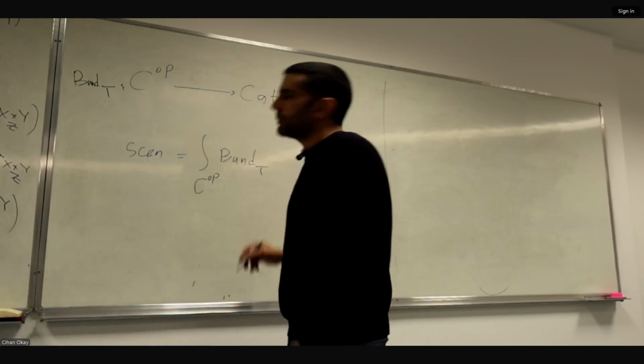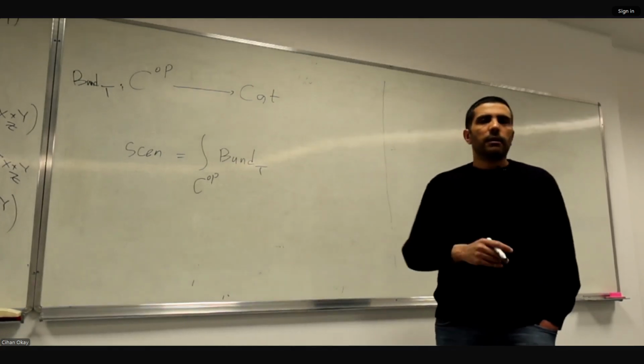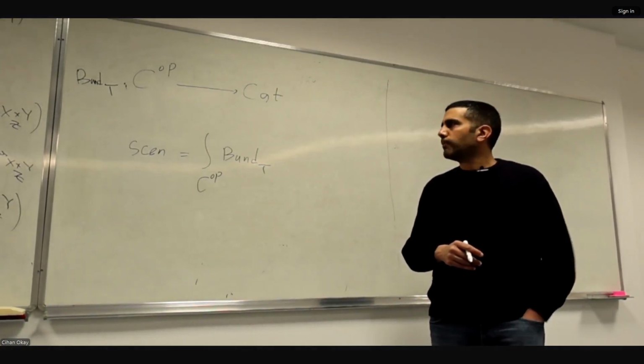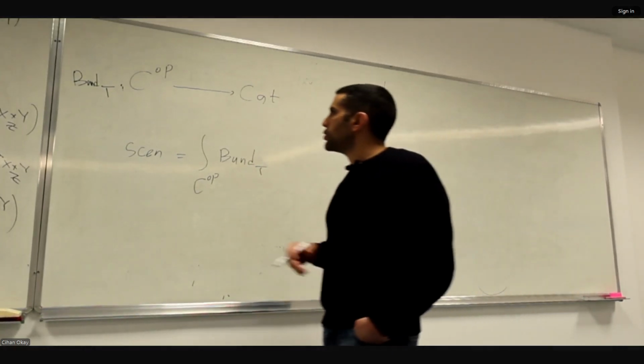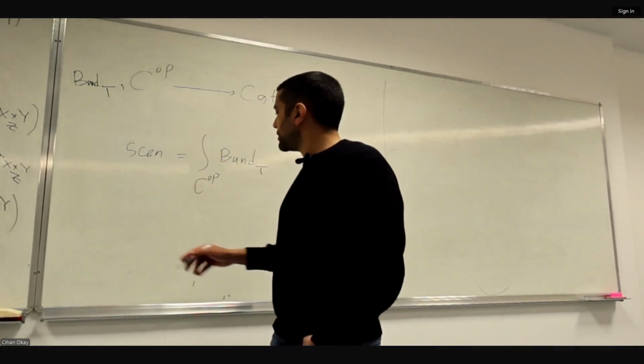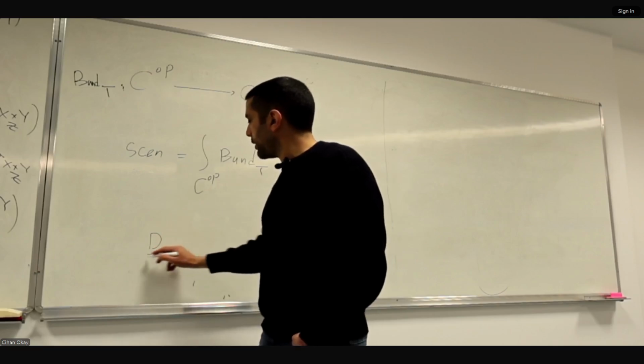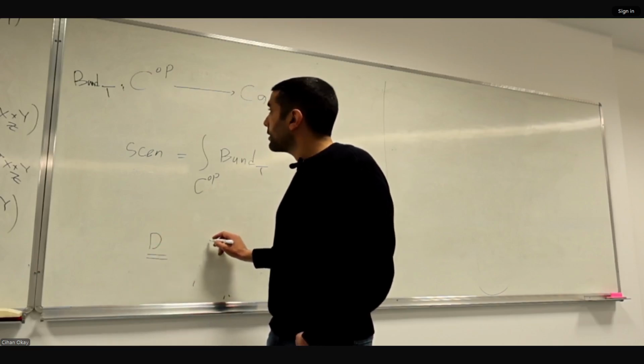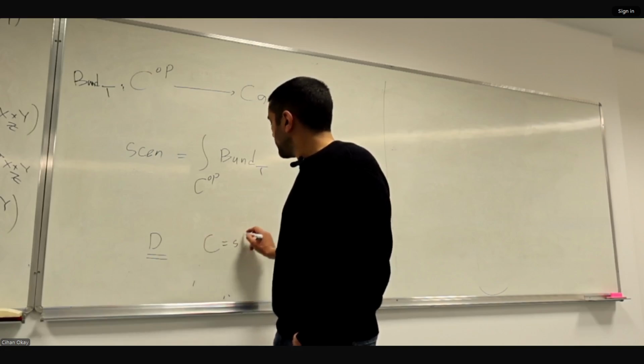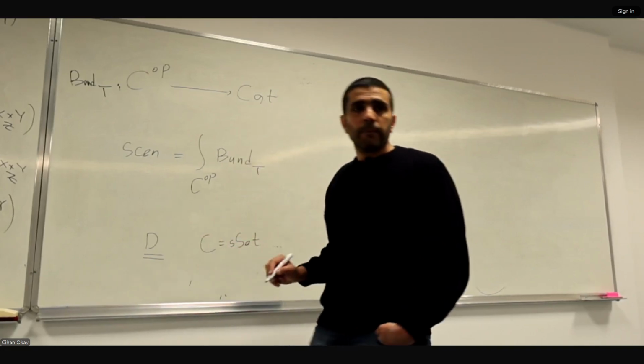And this gives us the category that we want. But now we're doing this in general for C. We want to do this when D is a distribution monad and C is the simplicial set.